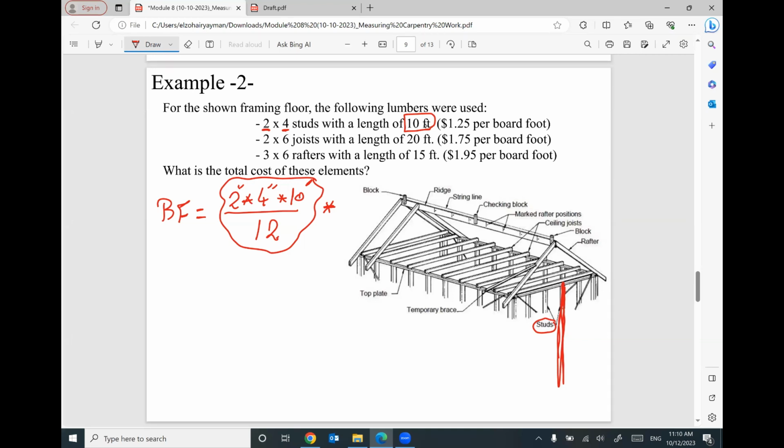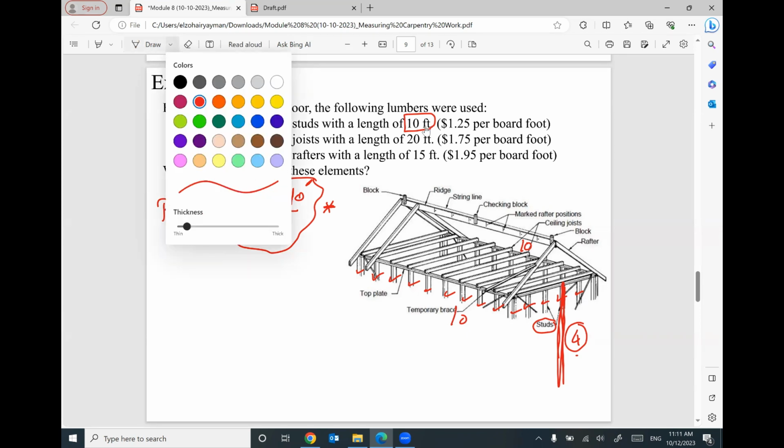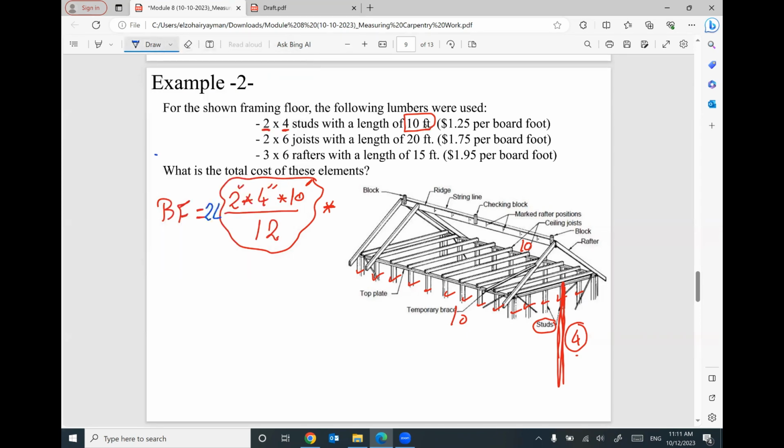If you can see, we have 1, 2, 3, 4, 5. We can say 4 on this side. I will not count this one. 4 this side. From this side, we have 1, 2, 3, 4, 5, 6, 7, 8, 9, 10, and we have 10 on the other side. So we have 10 here, 10 here, and 4 here, so the total will be 24. So I will multiply this number by 24. This is the number of pieces.